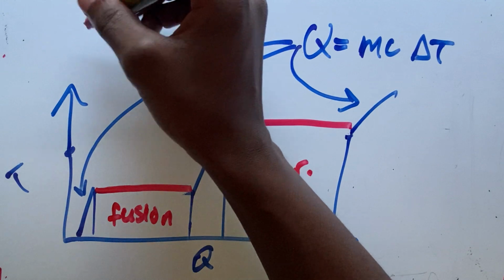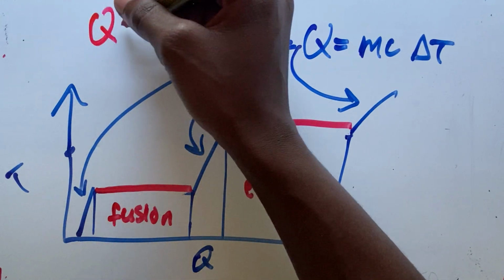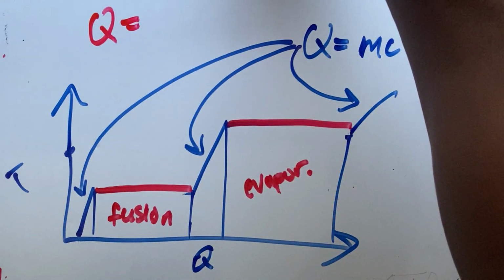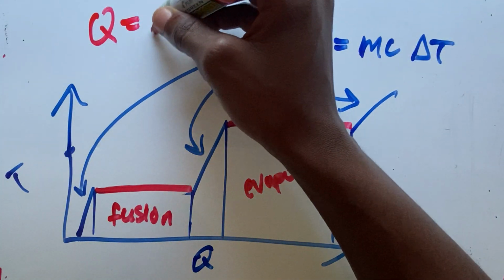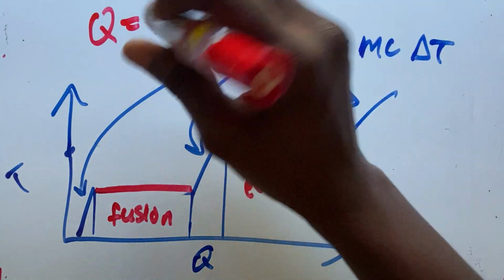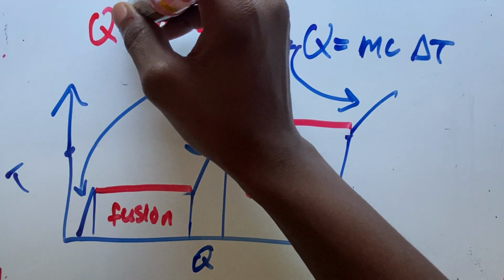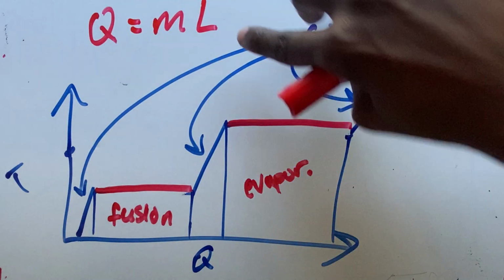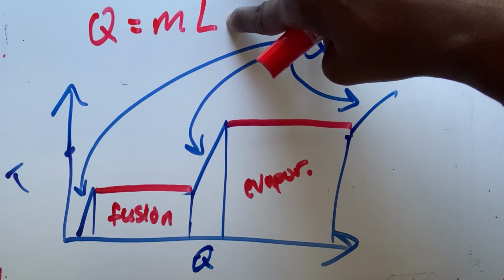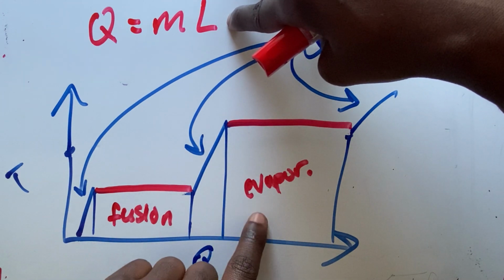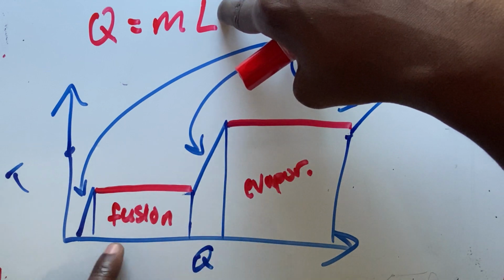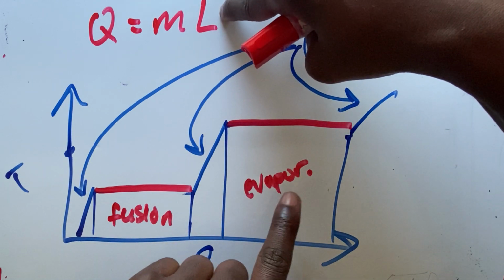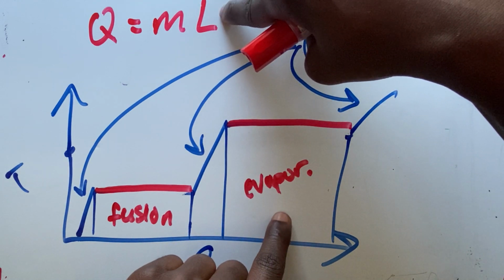Well, that Q is given by Q equals the mass times L, where this L is for either fusion or evaporation. We call it latent heat of fusion or latent heat of evaporation.